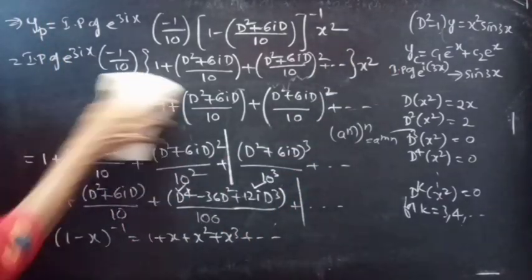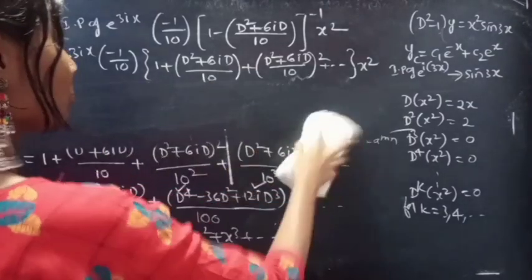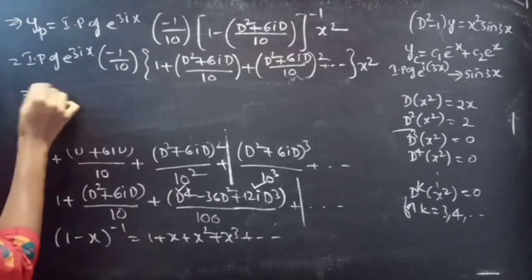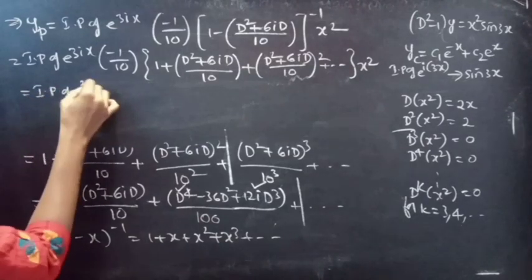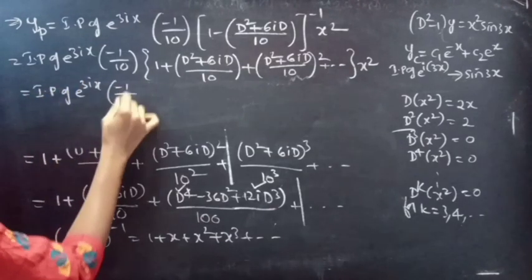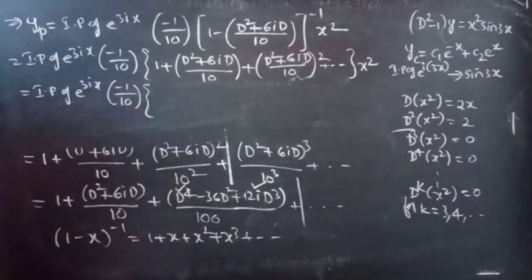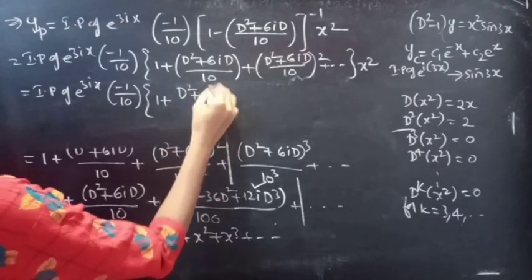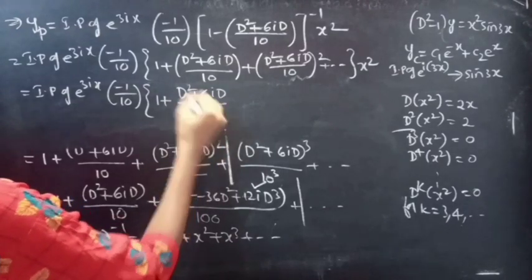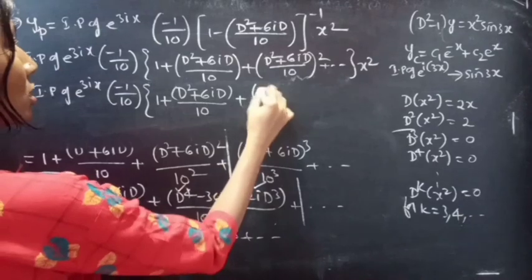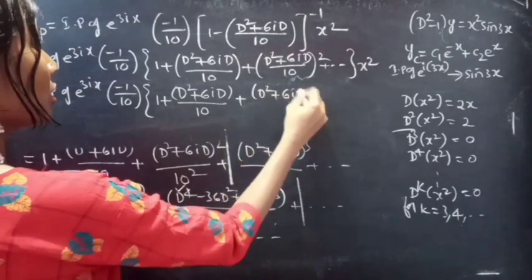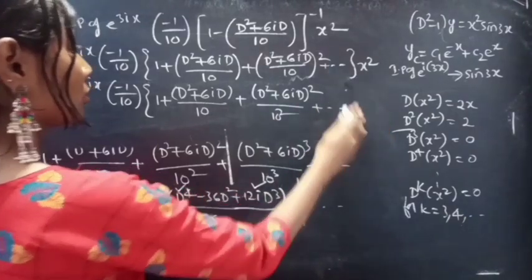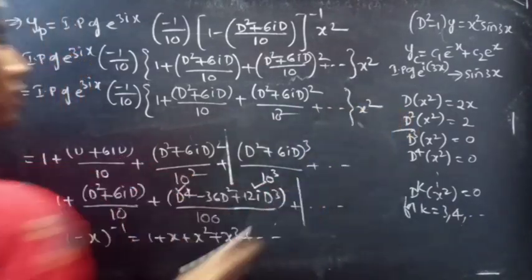We have used the binomial series expansion formula. And this becomes the imaginary part of e^(3ix) into −1/10 into (1 + (d² + 6id)/10 + (d² + 6id)²/10² + so on) into x².